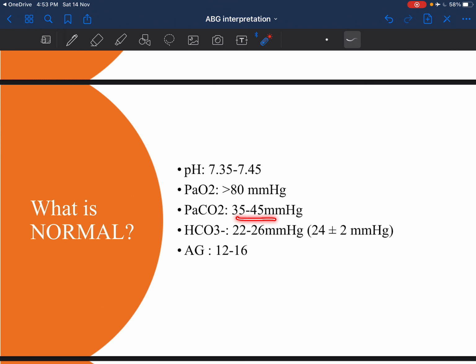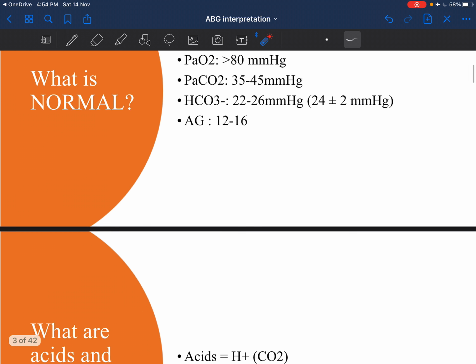PaCO2 is 35 to 45. Again, another thumb rule is that the last 2 digits of your pH will correspond to that of the carbon dioxide concentration. Bicarbonate concentration is between 22 to 26, and anion gap normal is around 12 to 16.